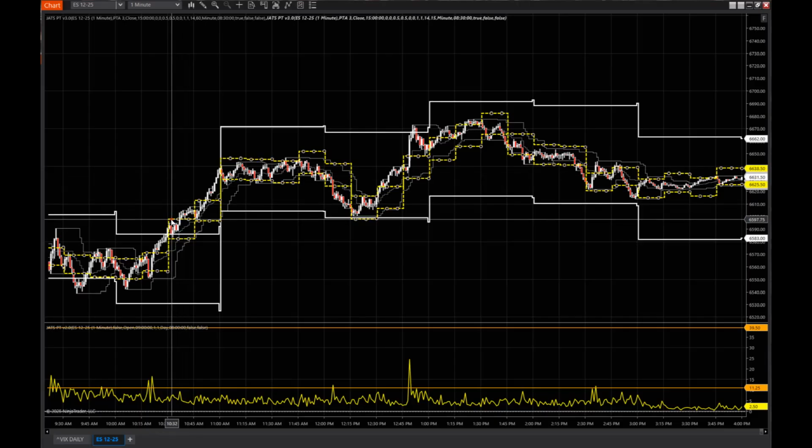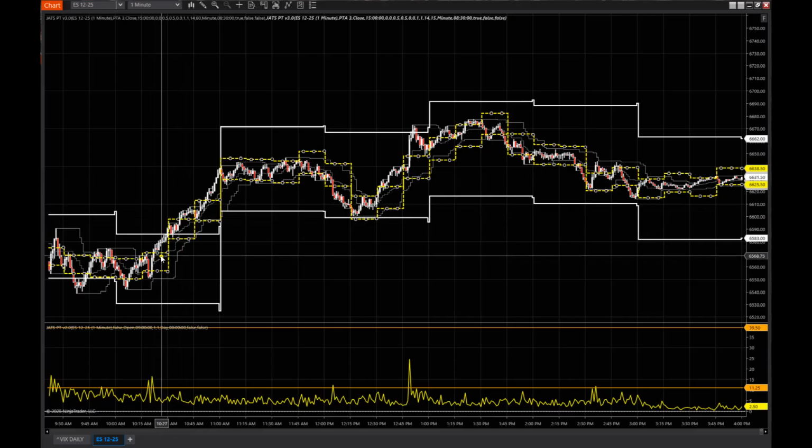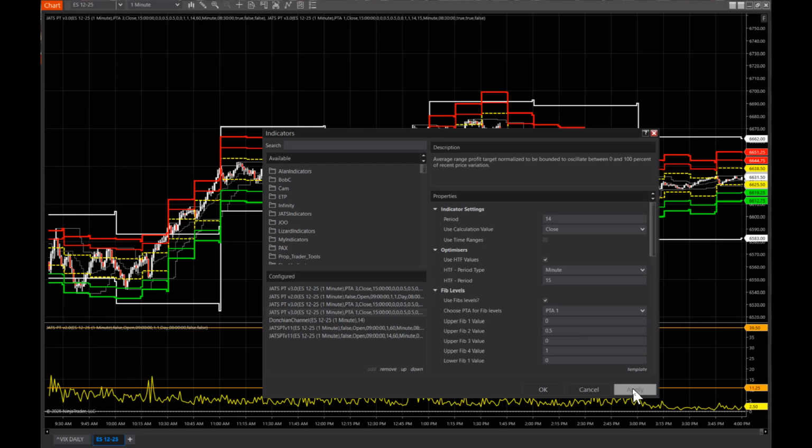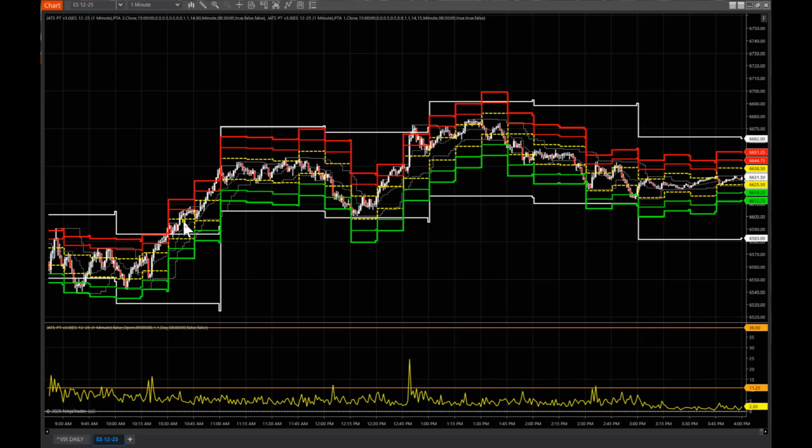So here's something interesting. I can put fibs off of the 1, 2, or 3. You've seen me put these fibs on the 3, but you've never seen me put them on the 1. So look at that. It went right here to 1.5 times the 15-minute range.